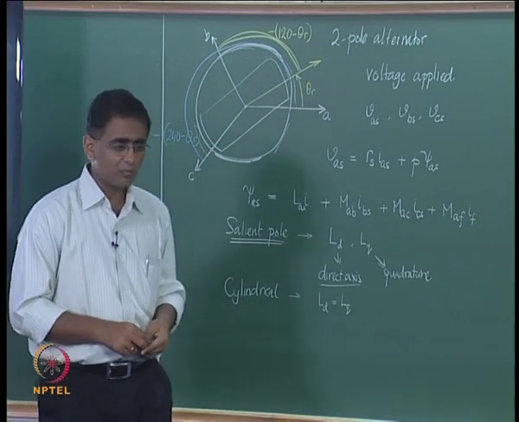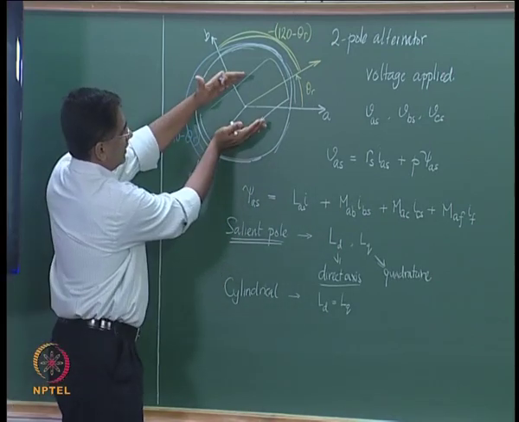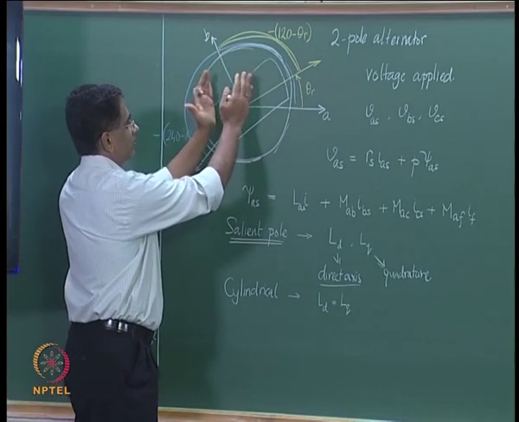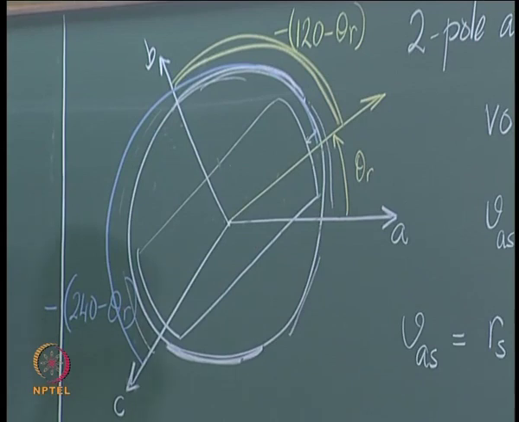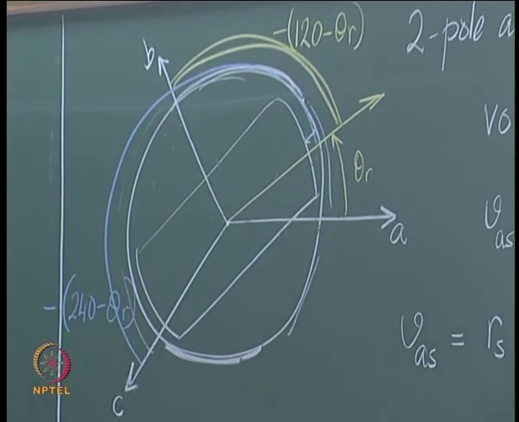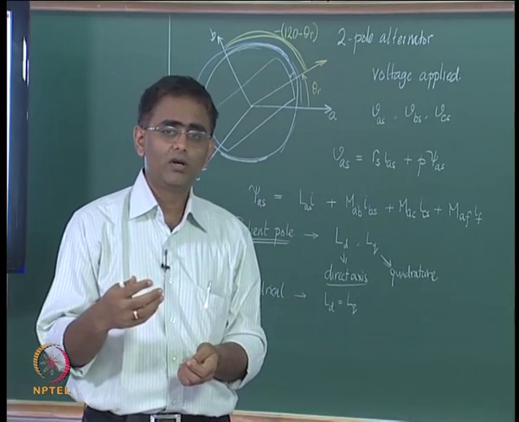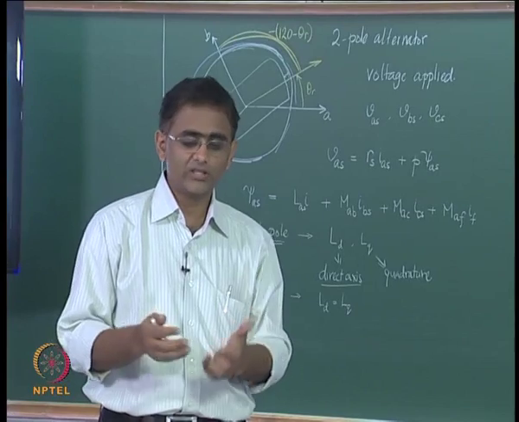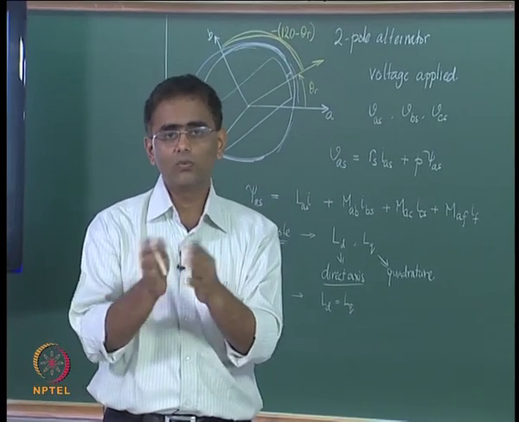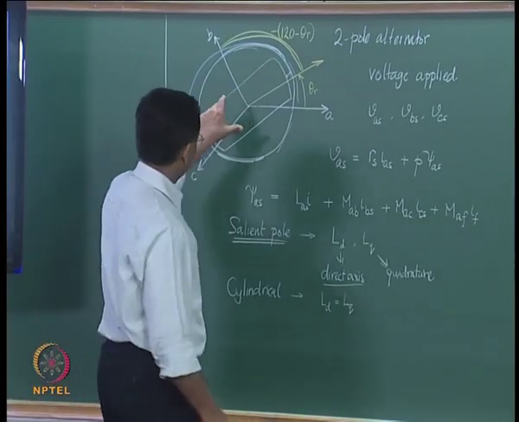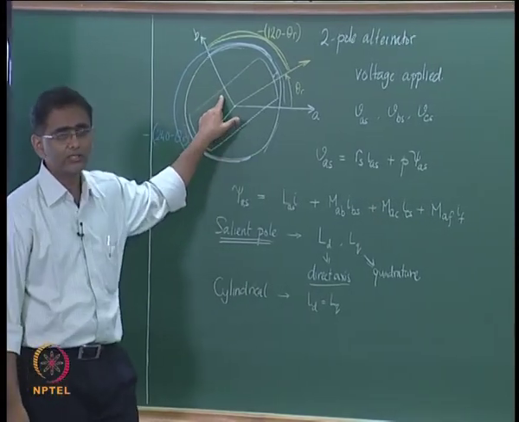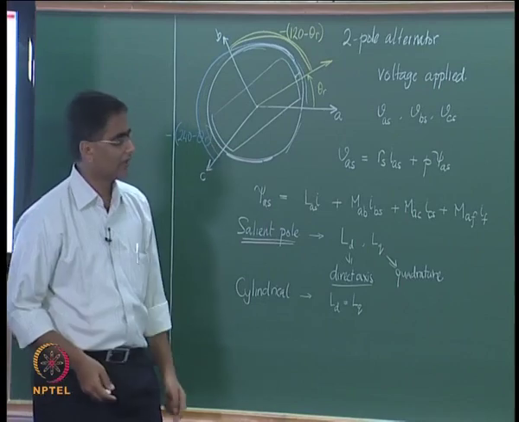But as far as the rotor is concerned, irrespective of where the rotor is located, it always sees the same air gap. So the flux that is generated by a unit excitation given to the rotor will always be the same, or the flux linkage will always be the same irrespective of where the rotor is, and therefore the inductance of the rotor coil is independent of the rotor angle.